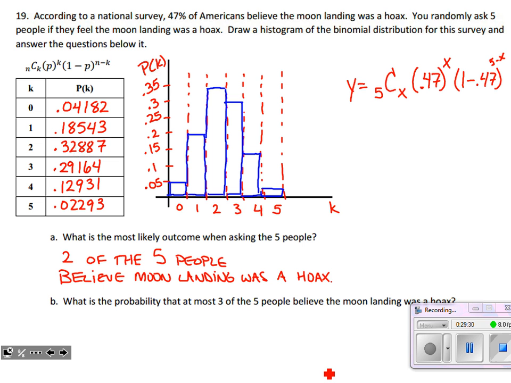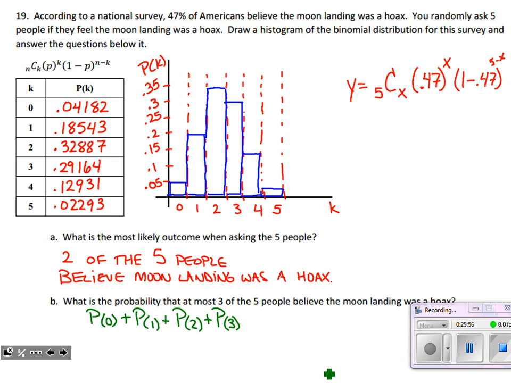All right, and letter B, what's the probability that at most 3 of the 5 people believe the moon landing was a hoax? Well, at most 3 of the 5 means that I got to find the probability that 0 people were believers, or 1 person was a believer, or 2 people were believers, or 3 of them were believers. That means 3 at the most.